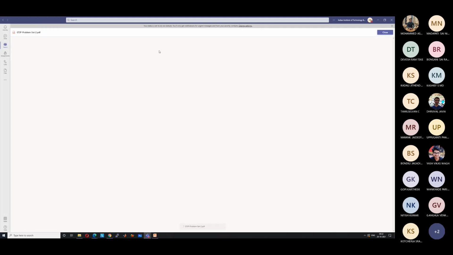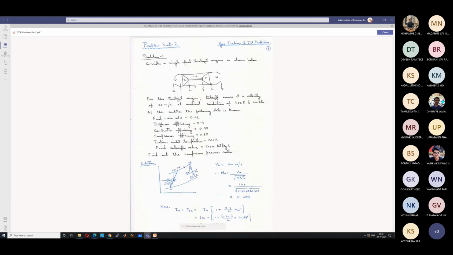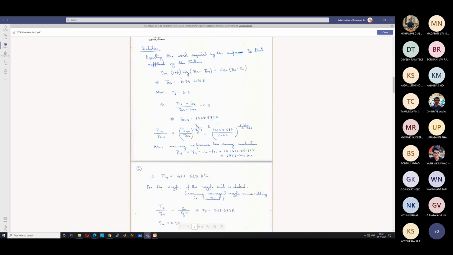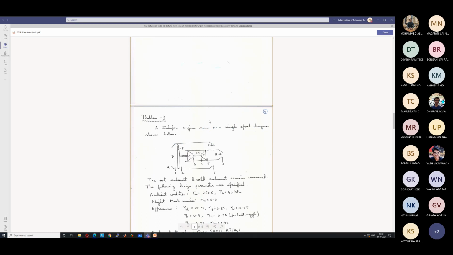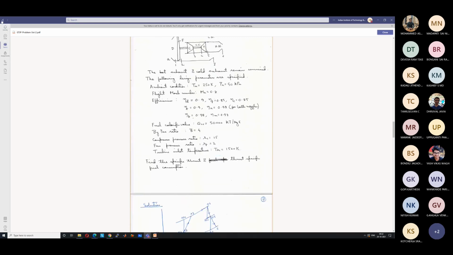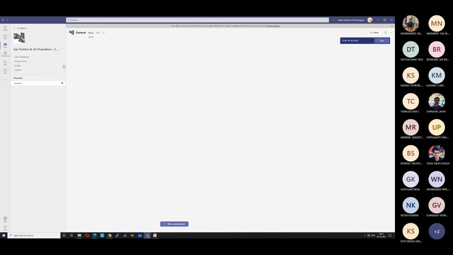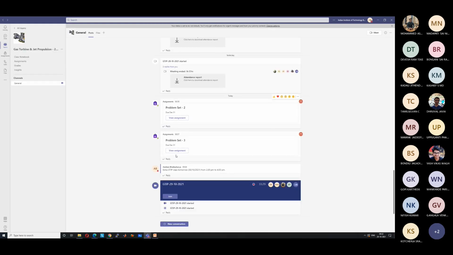There are one or two problems on each type of engine: turbojets, another turbojet, then turbofan. Similarly, we have turboprops, ramjets, and pulse jets.